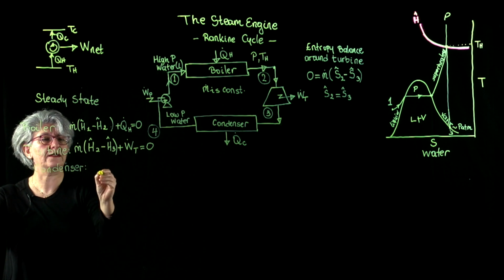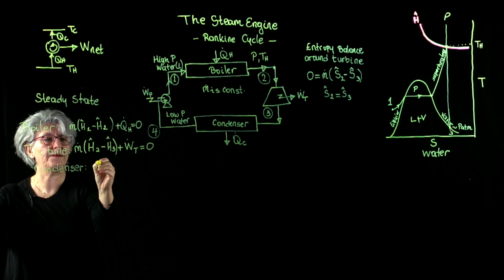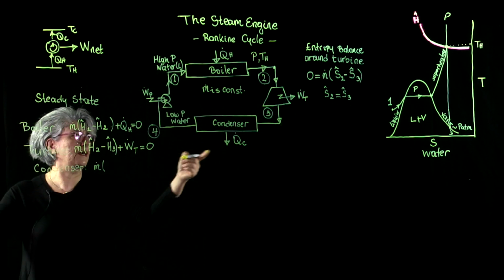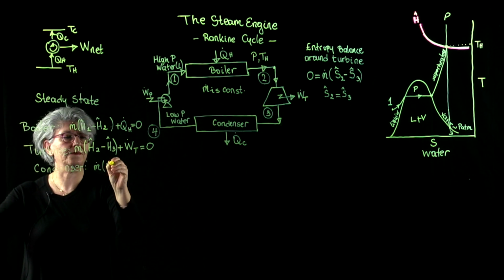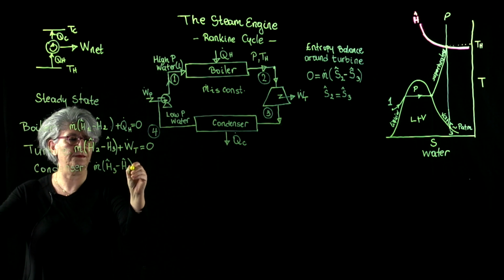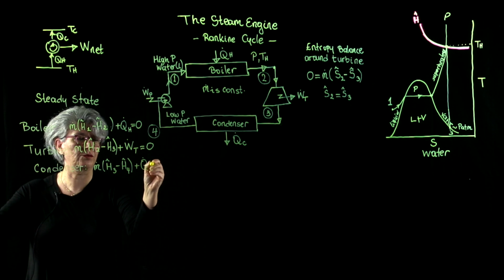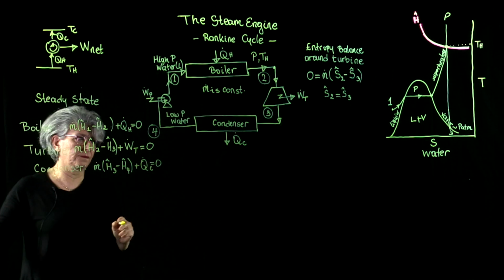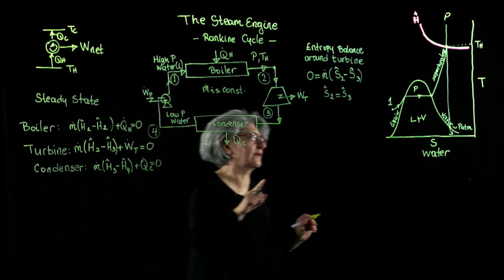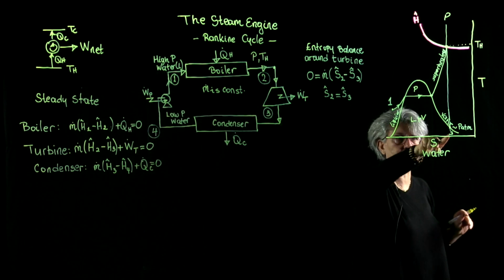For the condenser, my energy balance is m dot H3 minus H4, in minus out, plus Q sub C is equal to 0. I know the inlet, constant entropy.